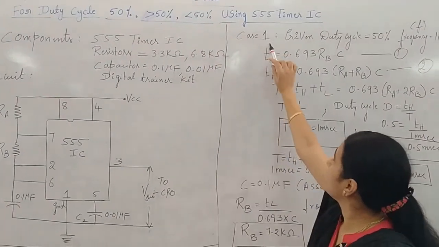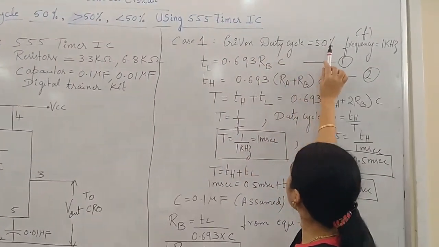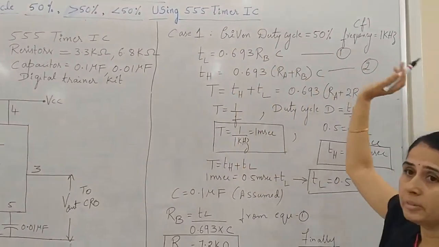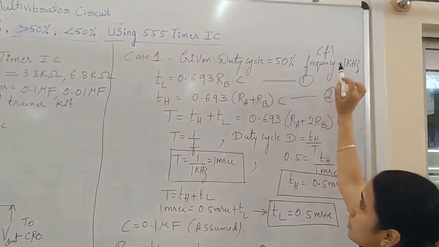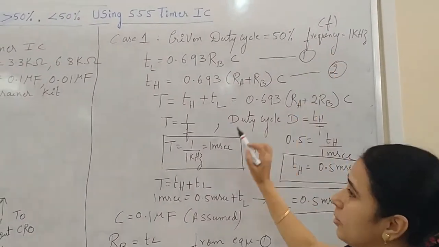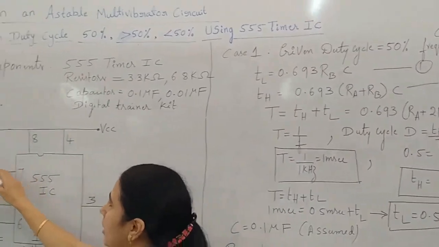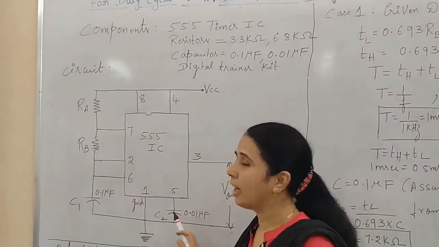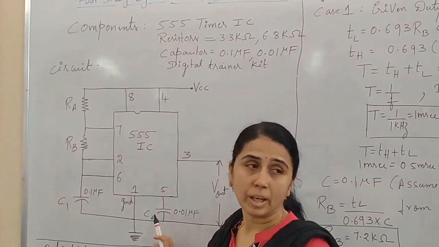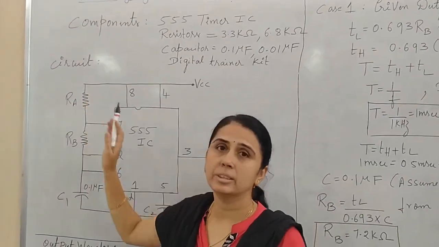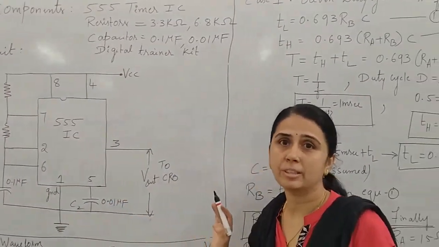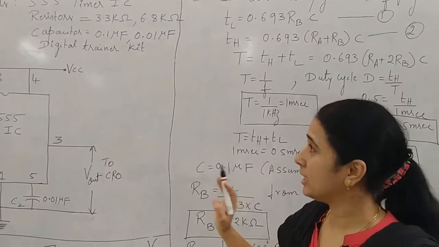Case 1, let me take it as duty cycle 50%. So they will give a certain data. Making use of the data given, you need to find out the value of RA, RB, C1 and C2. Finding out the value of these components is nothing but designing of astable multivibrator. What is designing?